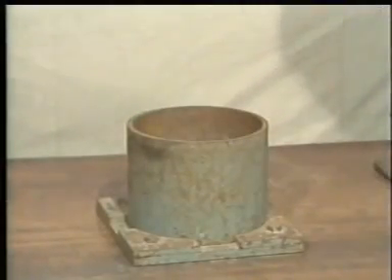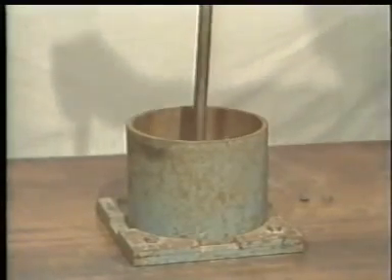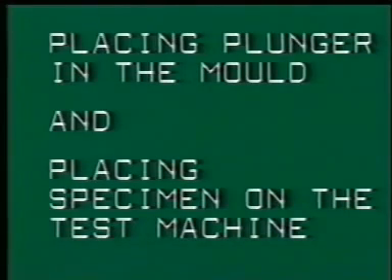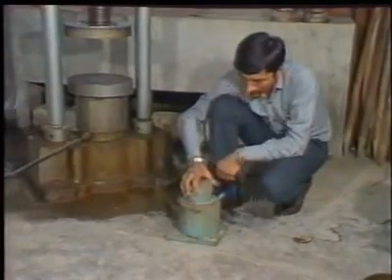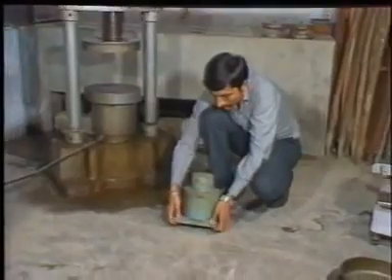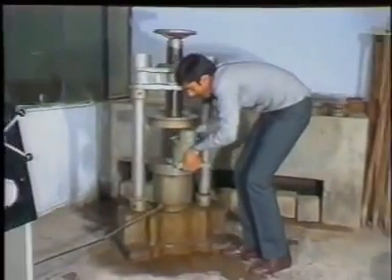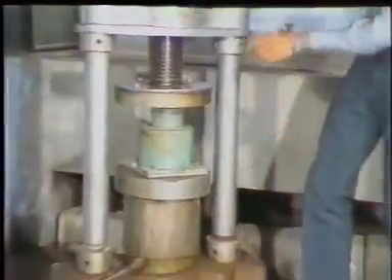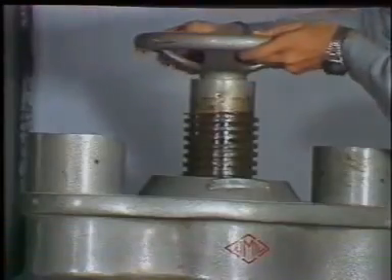This aggregate is then compacted in the test mold in the same manner as for the cylindrical measure. The plunger is placed on the aggregate in the test mold and transferred onto the platform of the testing machine. The test mold is adjusted for application of the load.